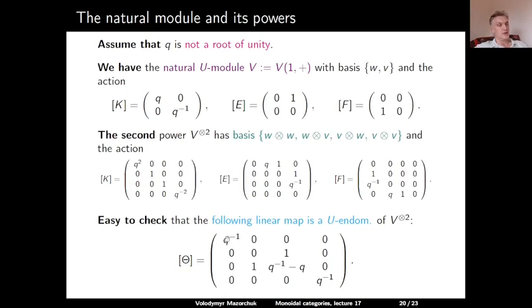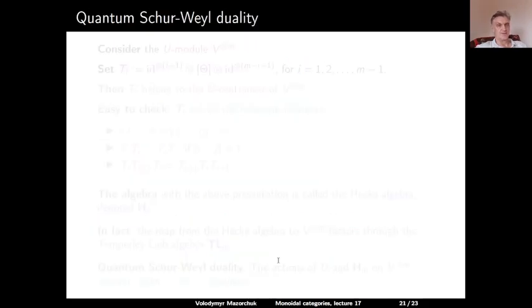Note that if you plug in q equal to 1, we will get 1 on the diagonal, 1 on the diagonal, and this will be 0. So this is a matrix which swaps the second and the third basis elements if q is equal to 1. But if q is not equal to 1, this is quite a non-trivial linear operator on the vector space.